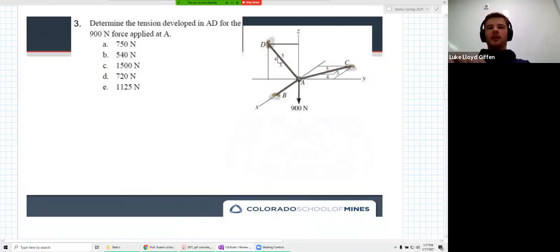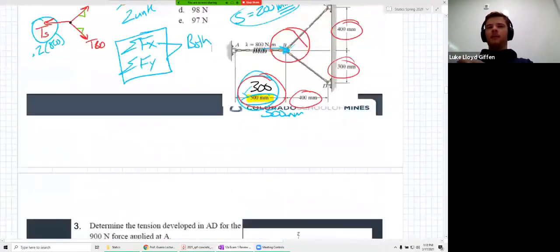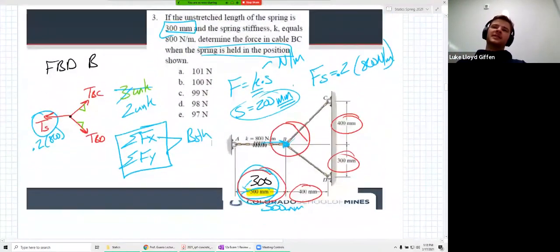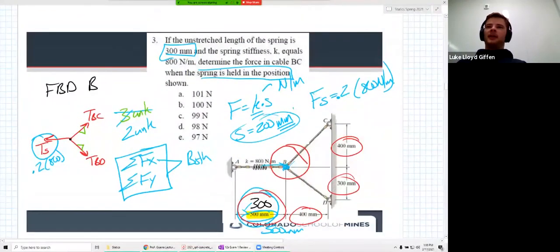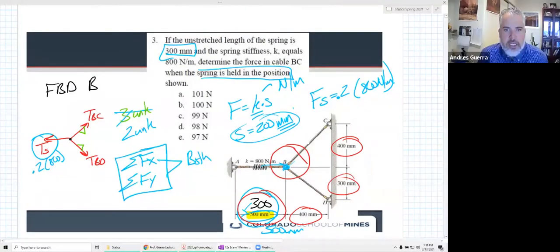Yes. I had a quick question on that last problem. When I solved it, I got 96 newtons. And I did it a few times to check, I don't know if anyone else had something similar. Take a look at the practice exam, Luke. I'm pretty sure one of those answers is correct on there.